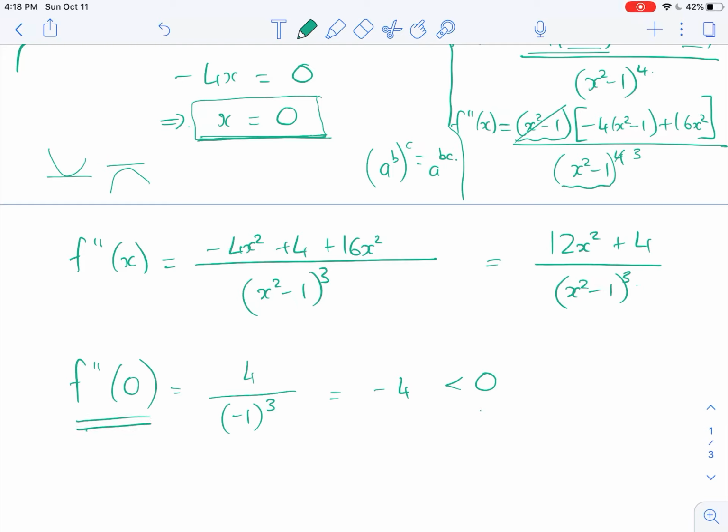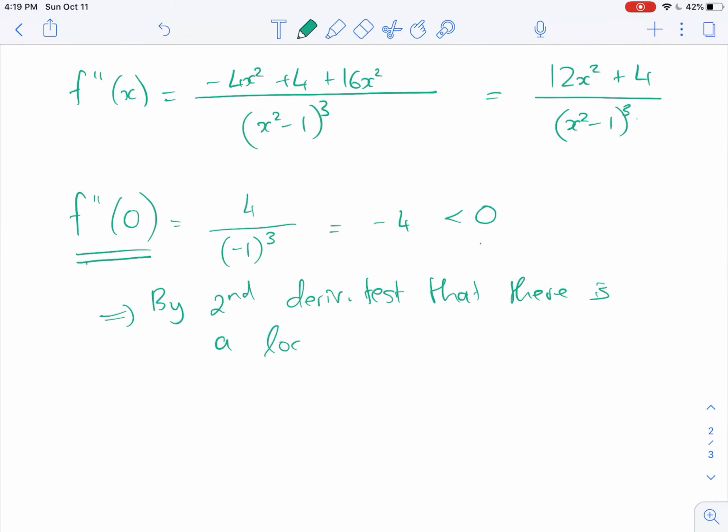If the second derivative is less than 0 at the point and there's a horizontal tangent at the point, we know by the second derivative test that there is a local max at x, the point when x is equal to not 4 but 0. Being less than 0 indicates that there's a local max. So we have a local max at the point when x is 0.